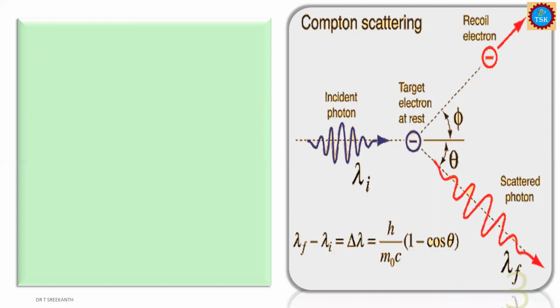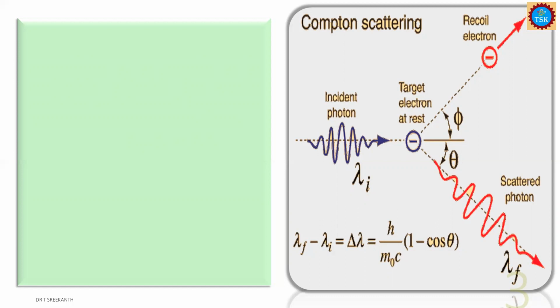In this diagram, we are observing that X-rays are incident on the electron. After the collision, the X-rays propagate at an angle theta and the electrons propagate at an angle phi, where this propagated electron is called the recoil electron.